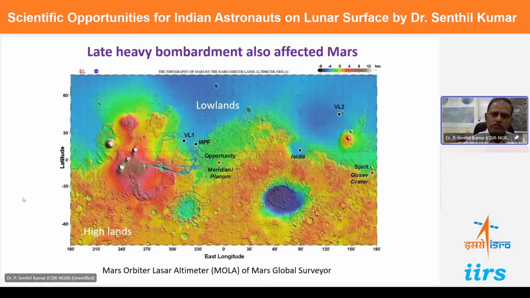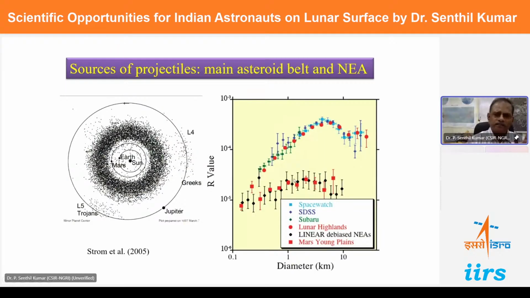Particularly, if you look at the southern hemisphere of Mars, you find a similar population of craters. What I'm saying is the impact craters that produced the lunar surface similarly produced craters on Mercury, also Mars, probably Venus as well.